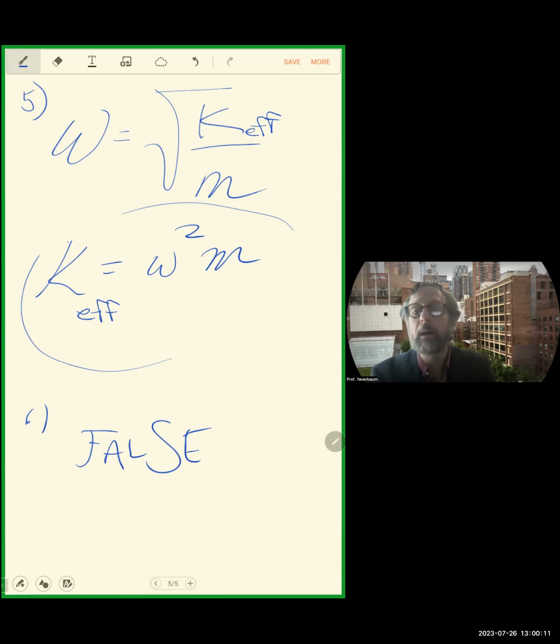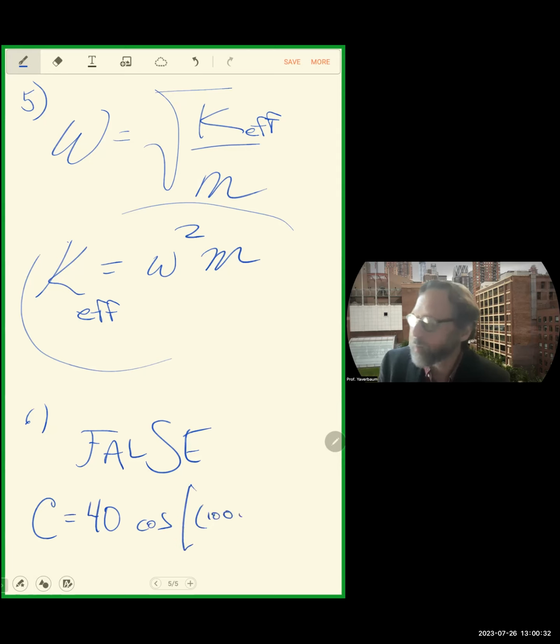Because it says it has to be, I'm saying 20, I mean 40. This thing has to be a solution to the differential equation and satisfy the condition that C naught is 40. So for it to be true, it would have to be something like this. I mean, there are other versions, but something like that.